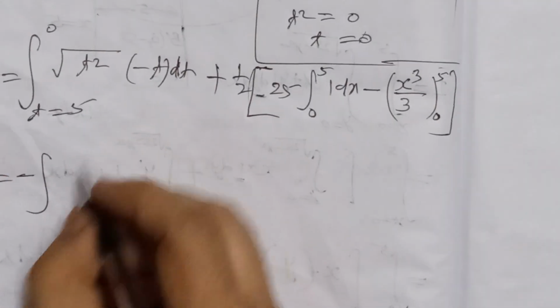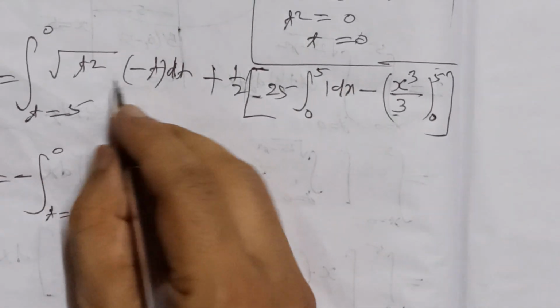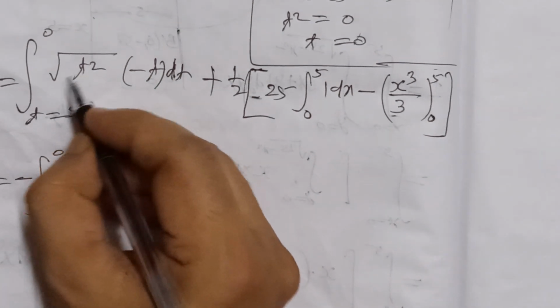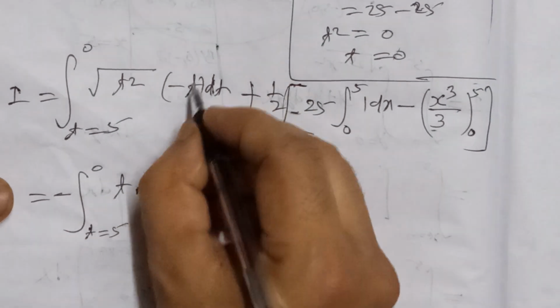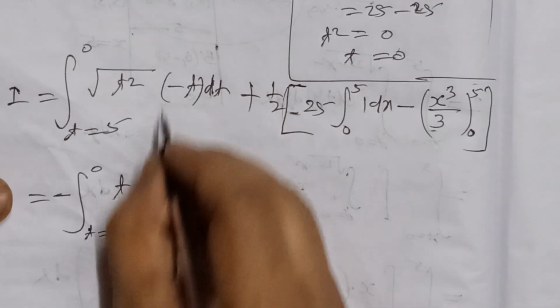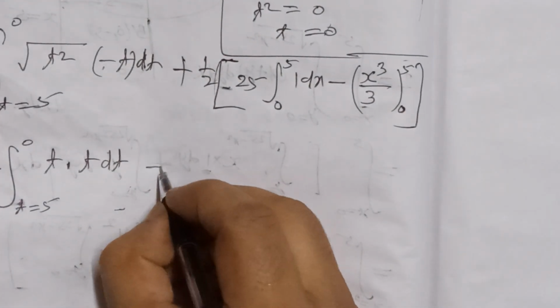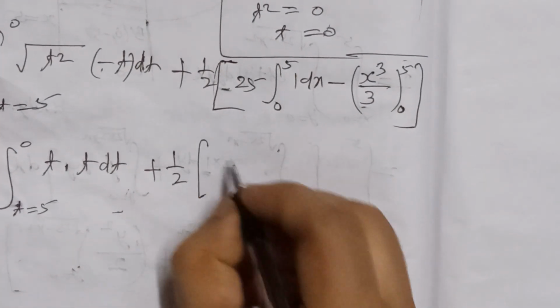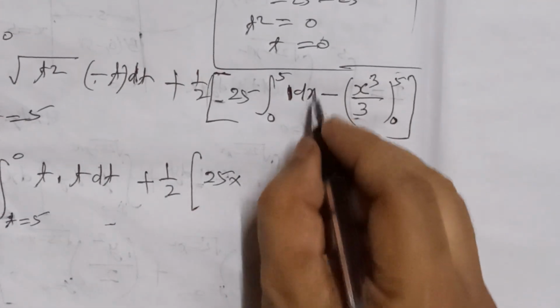Then this value becomes t from 5 to 0, and you can take t square out of the square root, which becomes t, and this t also dt. The minus sign I take outside the square root, plus 1 by 2, 25.